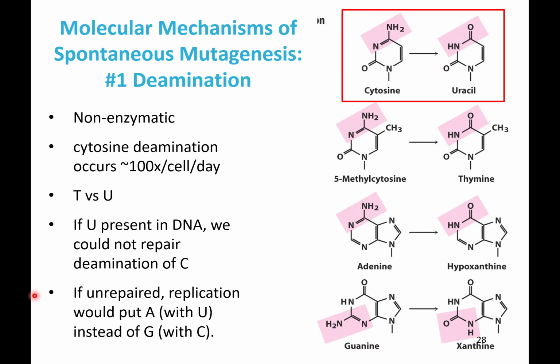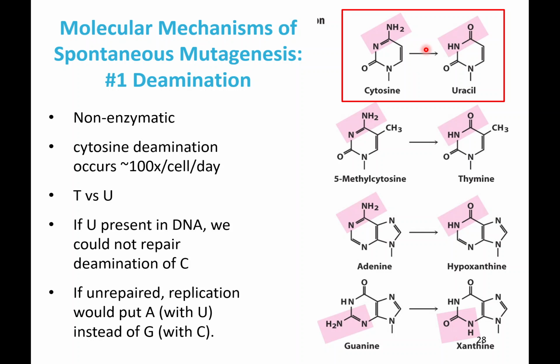So the first one is deamination, and the molecular mechanism for this is chemical. It's not like something where an enzyme catalyzes this reaction. It happens spontaneously, just via a chemical process. Okay, and so the examples shown here are, any base that has an amine group in it is susceptible to this, where your amine group, your NH2, just gets replaced with a carbonyl group.